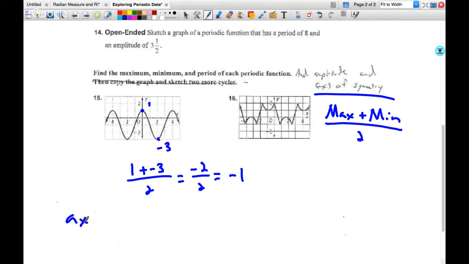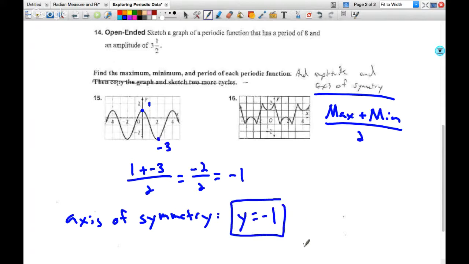So the axis of symmetry, we have to call this the sinusoidal axis because it's not always symmetrical, but it always goes right through the middle, is going to be y equals -1. So like, it's not really symmetrical. I should actually change this on the homework.